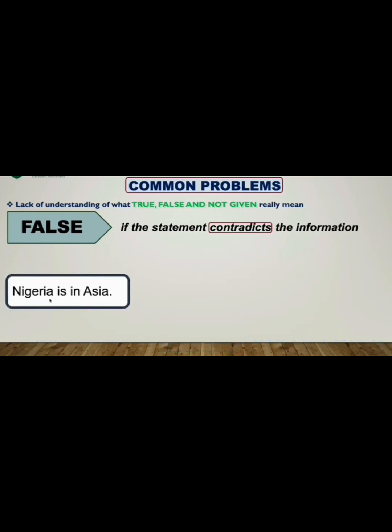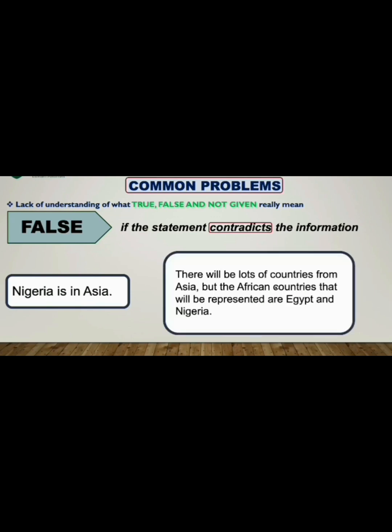So Nigeria is in Asia, and if we have this text, it says there will be lots of countries from Asia, but the African countries that will be represented are Egypt and Nigeria. So if we take a look at this aspect of the statement, it says that but the African countries that will be represented are Egypt and Nigeria.